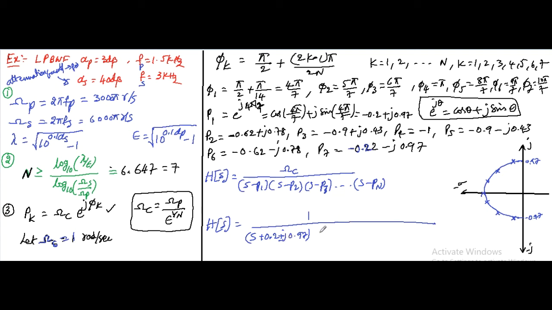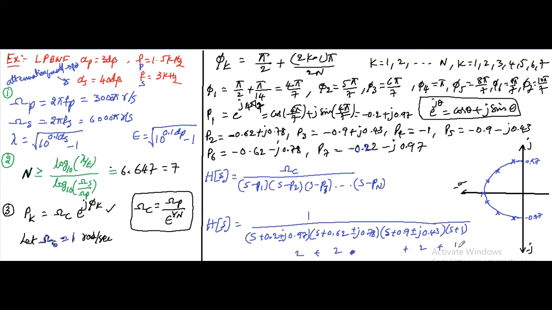Okay, so similarly the remaining poles locations, s plus 0.62, right? And finally one more, only a real value is there, that is s plus 1, right? So here 1 pole and here 2 poles, so here 2 poles.